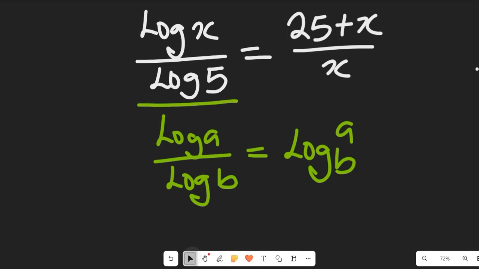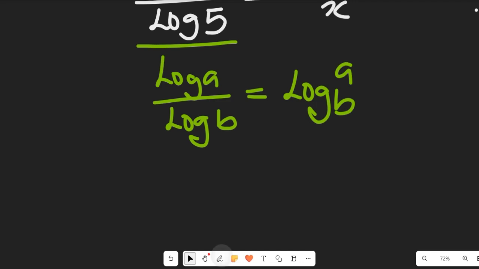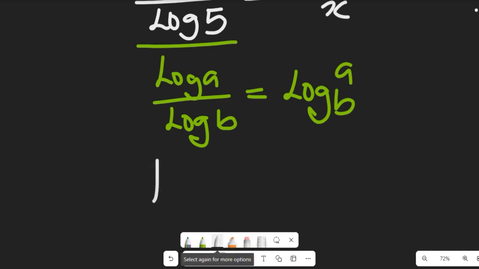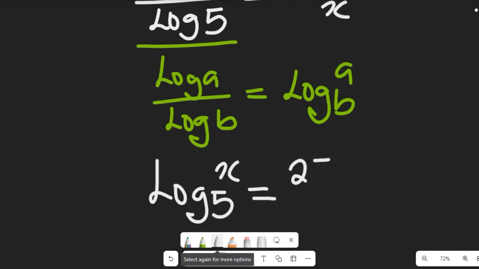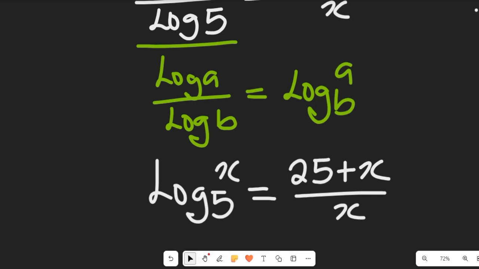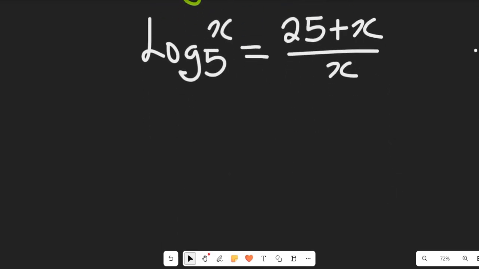If you do that, that expression will now give us the log of x base 5 equal to 25 plus x divided by x. Great. Now from that expression, I can break the right hand side.